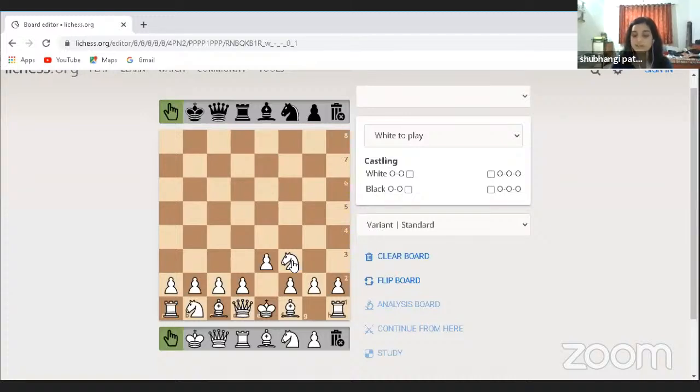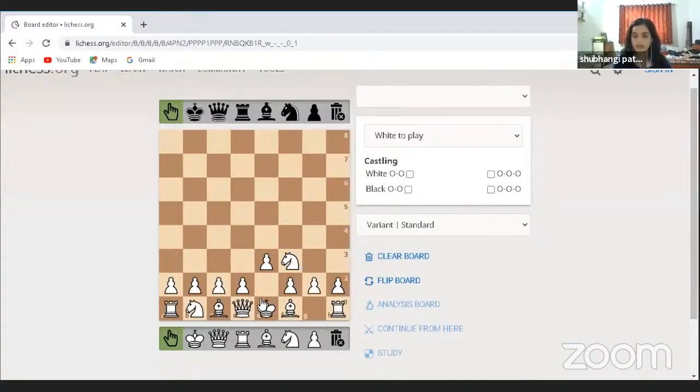Because if we start writing knight with K, then we'll confuse it with king also. So we write N for knight. Okay, so this move will become knight F3. We don't have to write full knight. We'll just write N.